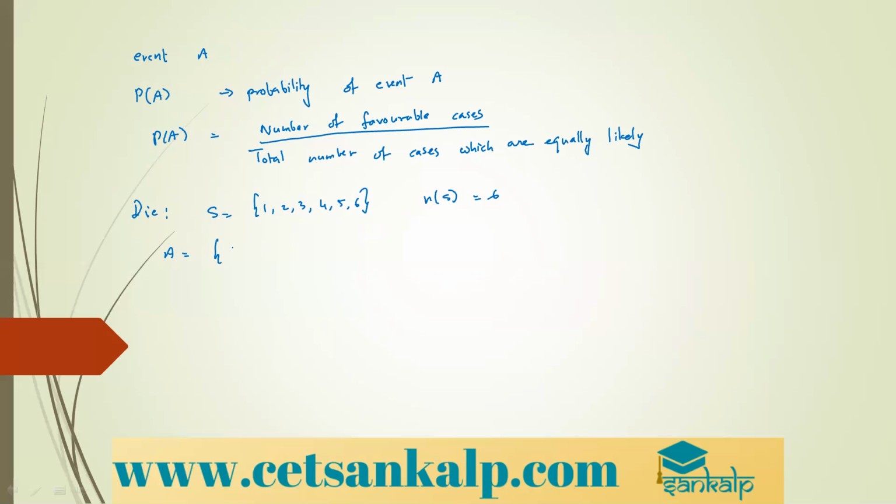If the event A is just 1, 3, so the favorable cases in the event are just 2. So probability of A will be the number of favorable cases by the total number of equally likely cases. That is 2 over 6, or 1/3.